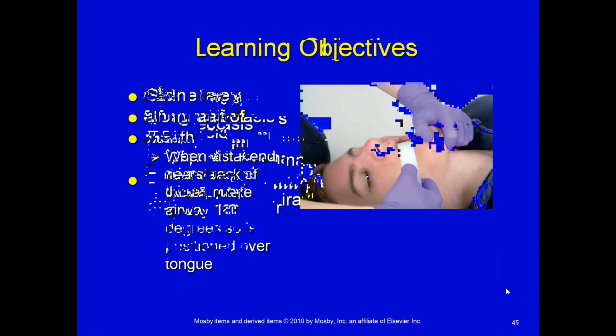NPAs, or nasopharyngeal airways. Again, these come in a variety of sizes and colors and shapes as well. The purpose of these airways is to put them into the nose, and they too will help hold the tongue up off the back of the throat. Nasal airway adjuncts: why would I put a nasal airway in over an OPA?